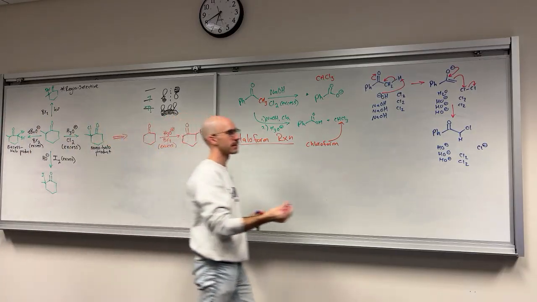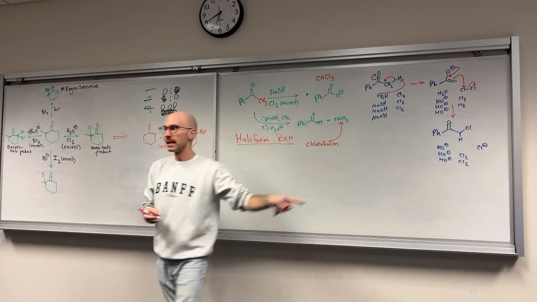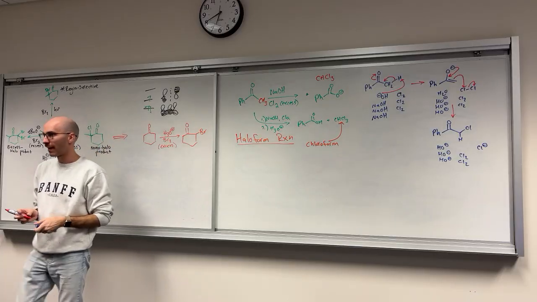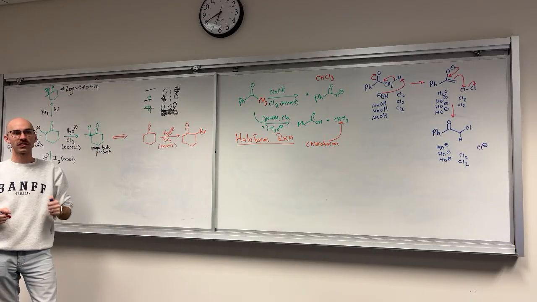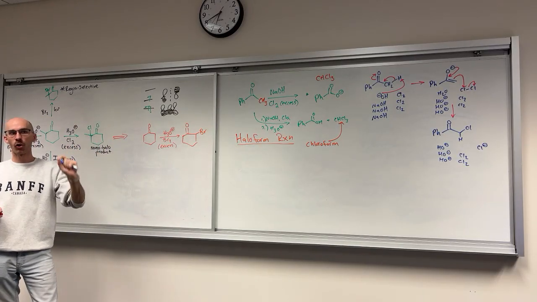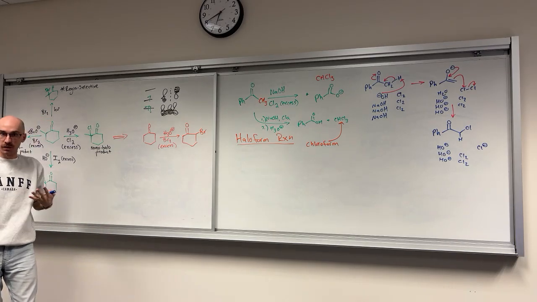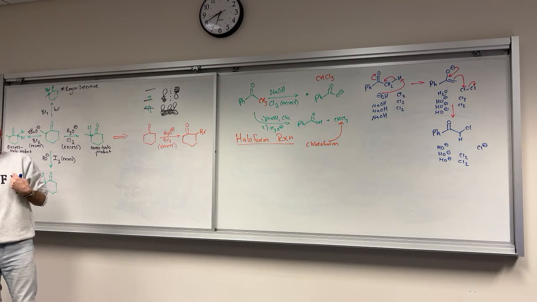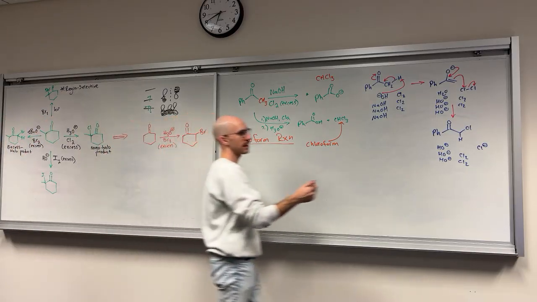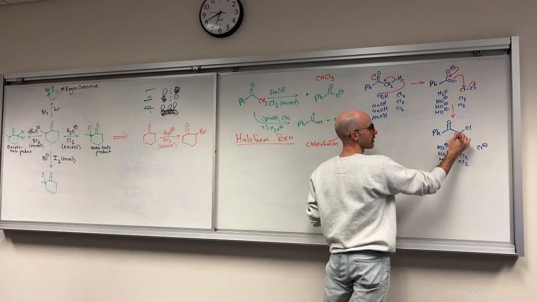I repeat. Now that this structure has been alpha-halogenated, those alpha halogens are even more reactive. Now I have an electronegative group that has an inductive effect towards itself, making these hydrogens even more acidic.